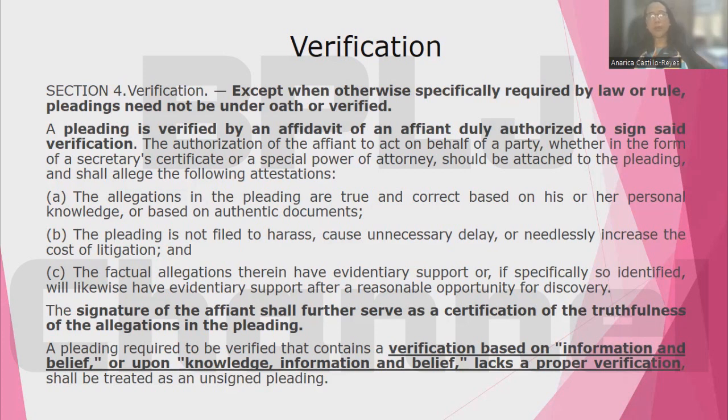So the signature of the affiant shall further serve as a certification of the truthfulness of the allegations in the pleading.